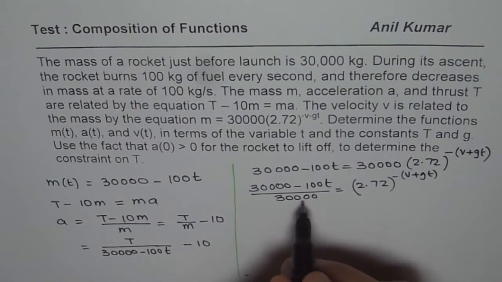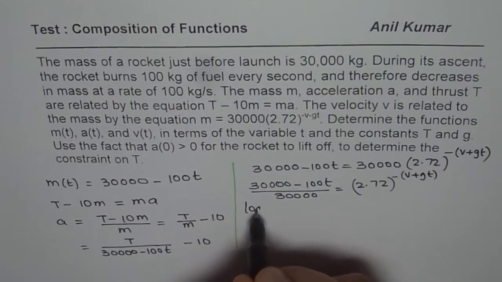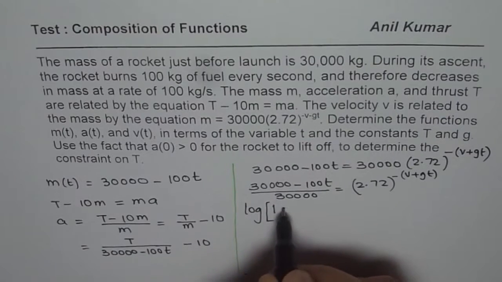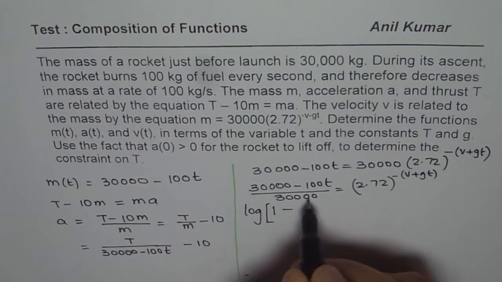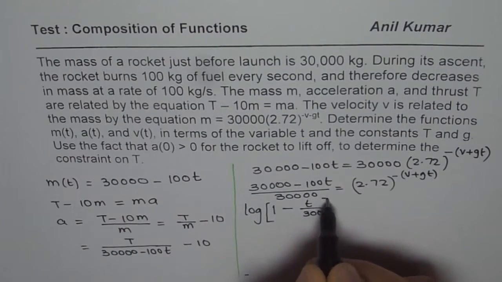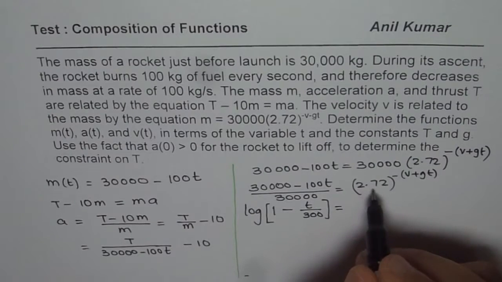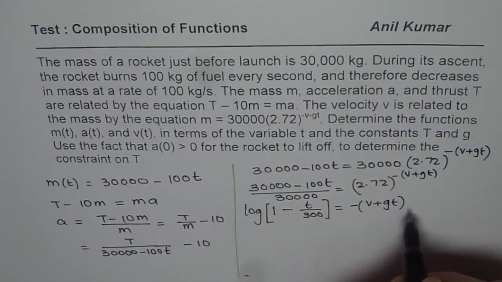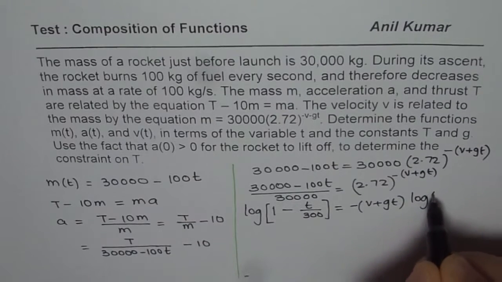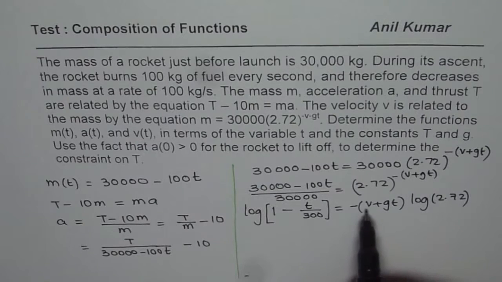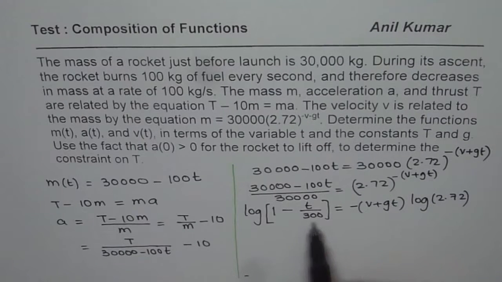So we'll take log of 1 minus 100 by 30,000, which is, zeros cancel, t over 300, equals, on this side, minus (v plus gt) times log of 2.72. Now to isolate v, we'll divide by this log.